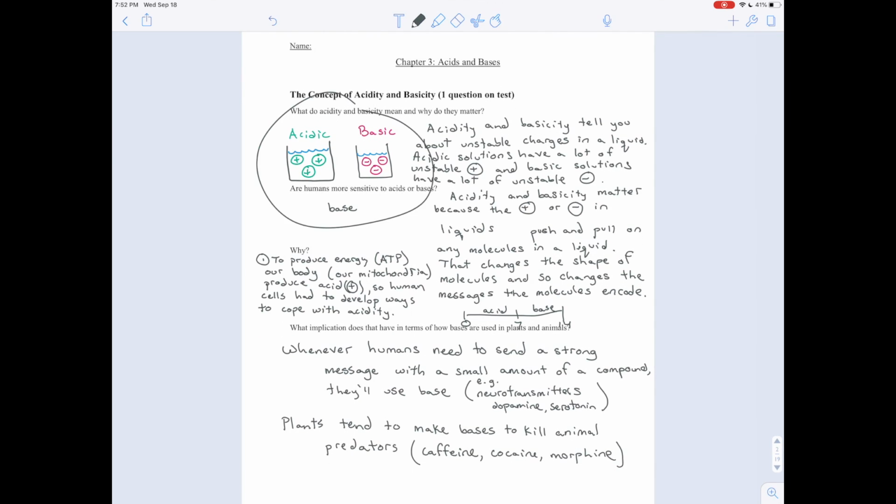But those charges are significant because they push and pull, they squeeze molecules in the liquid to make them change their shape. And with those changed shapes, molecules have a different meaning. They fit into the world differently, and so interact with other molecules differently. So, just for example, if you spill acid on your hand, your skin starts to dissolve if it's a strong acid.